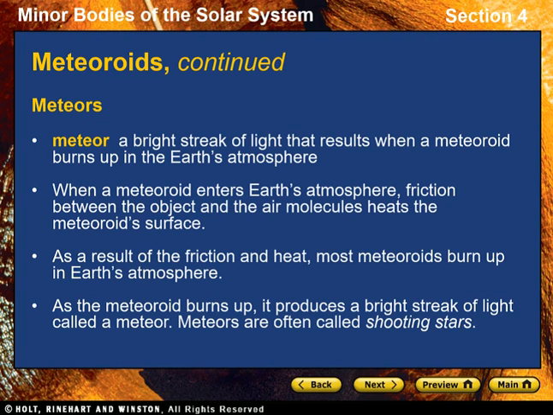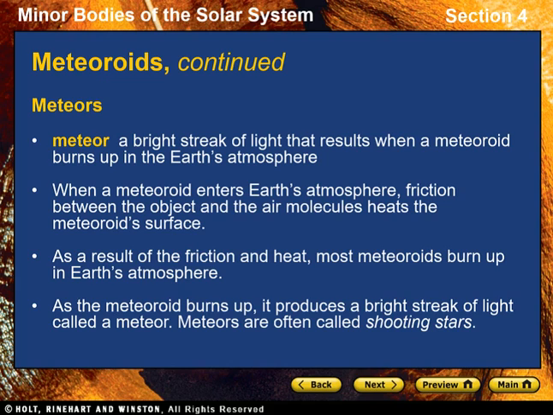Meteors. Meteoroids that travel through space on an orbit that takes them directly into Earth's path may enter Earth's atmosphere. When a meteoroid enters Earth's atmosphere, friction between the object and the air molecules heats the meteoroid's surface. As a result of this friction and heat, most meteoroids burn up in the atmosphere.